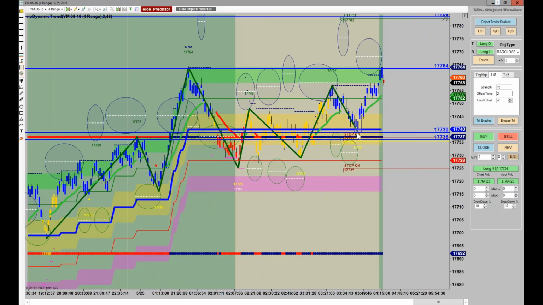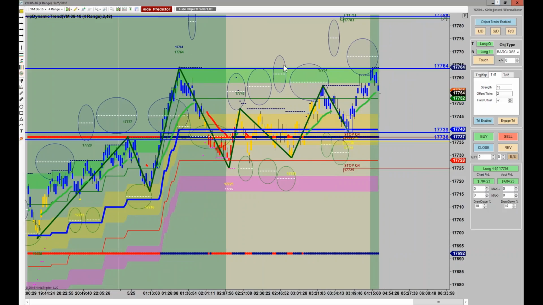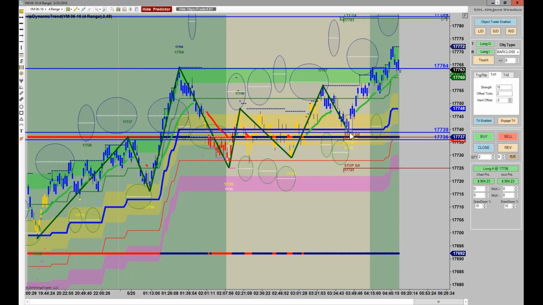But I don't consider this real until it takes this out over here by a good solid 5 or 6 ticks at least. Let's see if it does. See it, so far it just hit it. It's like a little double top. There you go. Now that's enough, isn't it? Now that's your lightning 3.